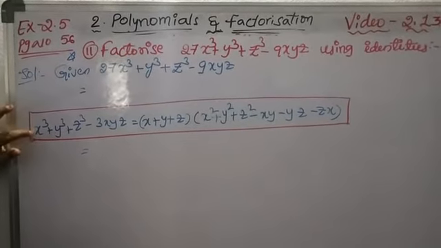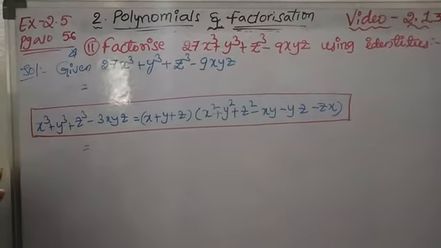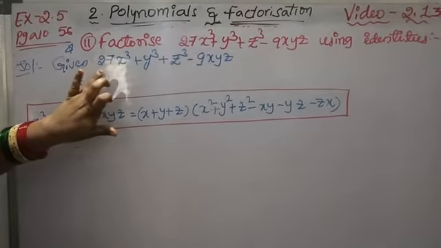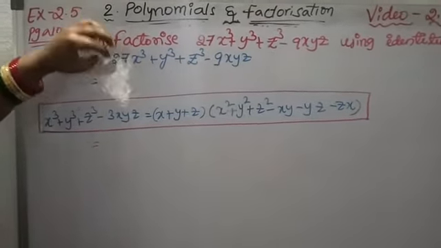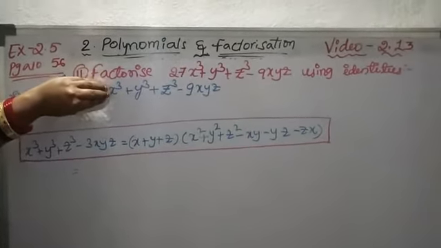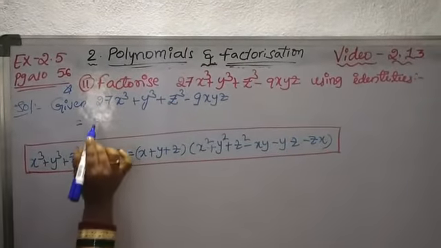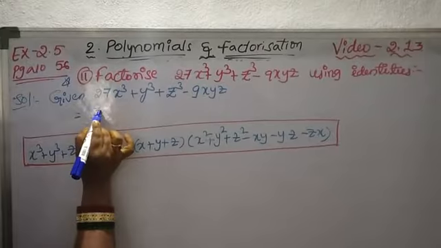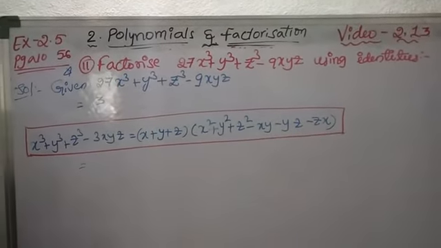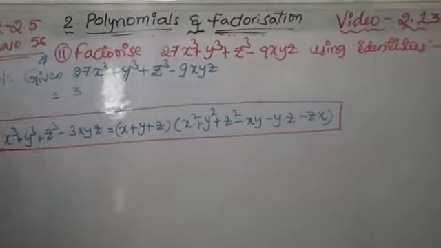But here x cube, y, z all are singletons, but here we have x with 27. So express this as a single term. 27, which number should we multiply thrice to get 27? 3. If we multiply 3 thrice, we will get 3 3s are 9, 9 3s are 27.